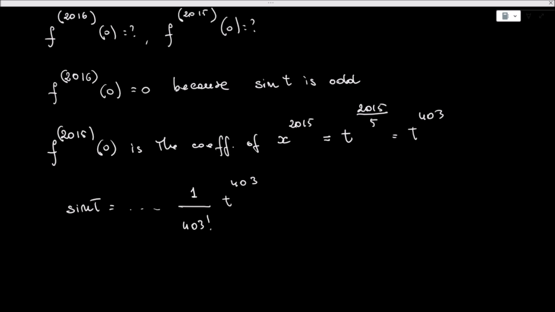But we saw last time, when studying and proving the expansion of the sine of t, that the derivative of order 2k plus 1 in 0 is equal to 1 if k is even, and is equal to minus 1 if k is odd.